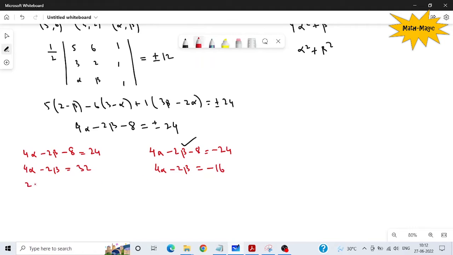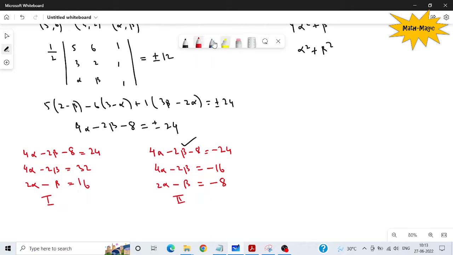So we get 2 alpha minus beta equals 16, and 2 alpha minus beta equals minus 8. Let's take the first as case 1 and the second as case 2.